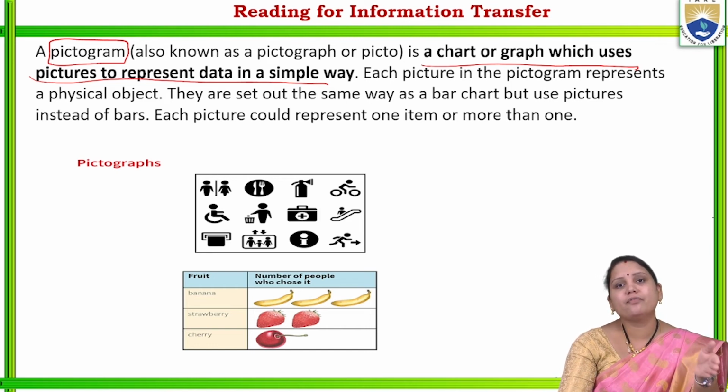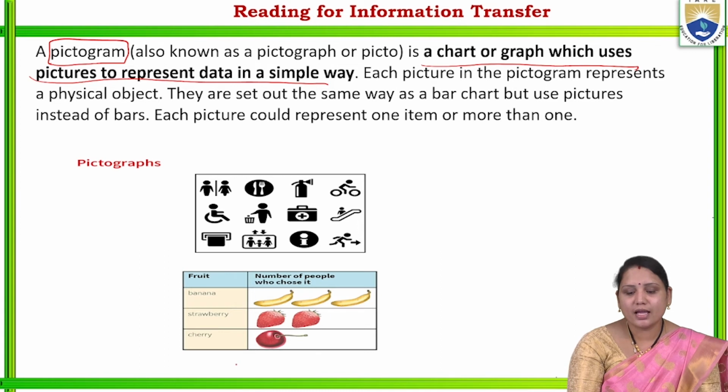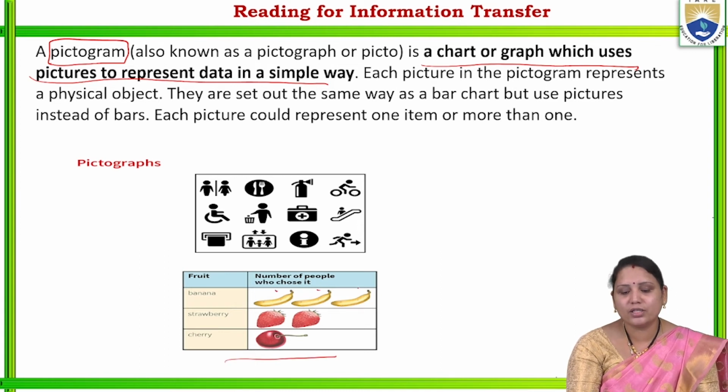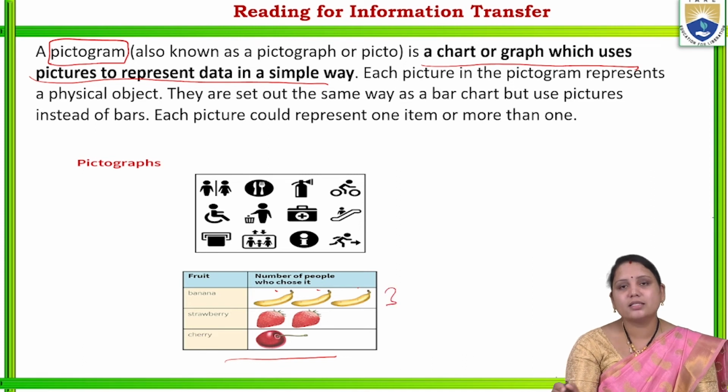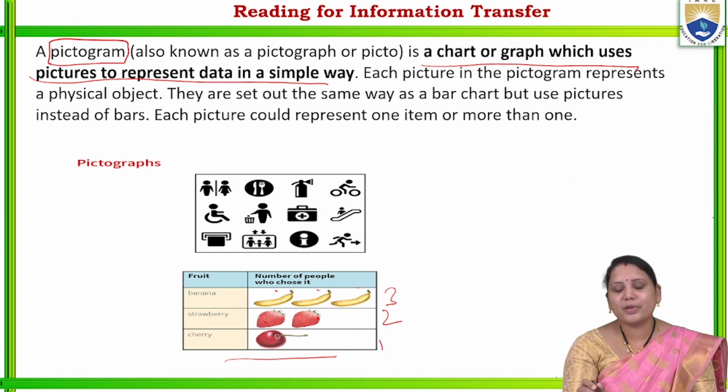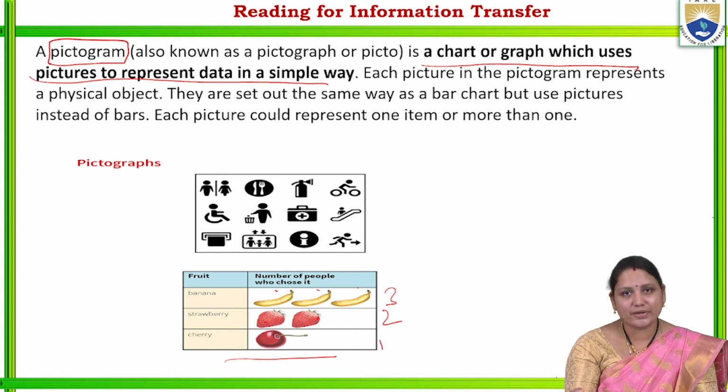For that, we have to write our understanding, comprehend the understanding. For example, here you see, here we have given 1, 2, 3 bananas. What are you going to write? How many bananas? 3. Then 2 strawberries. 1, 2. So this is the pictorial representation for understanding the numbers, isn't it?